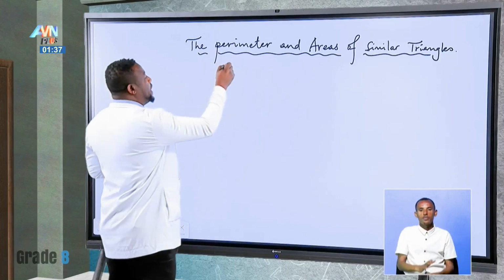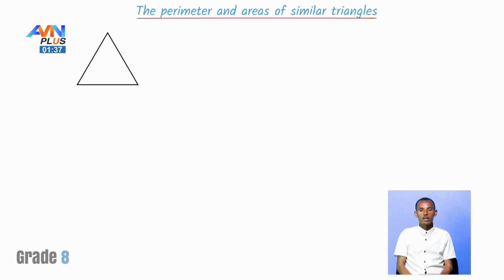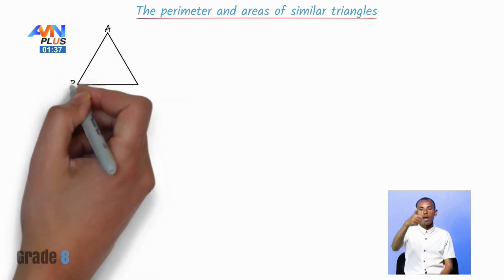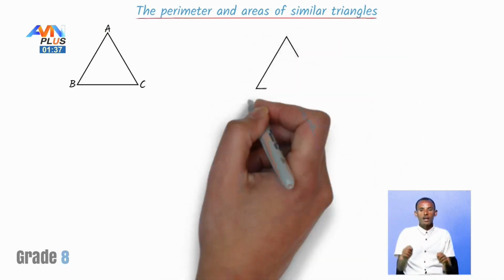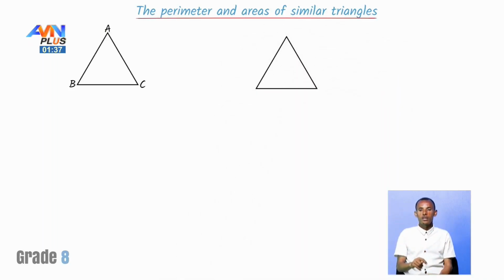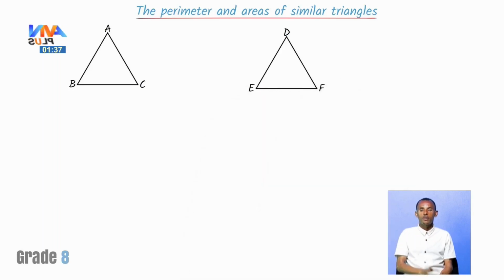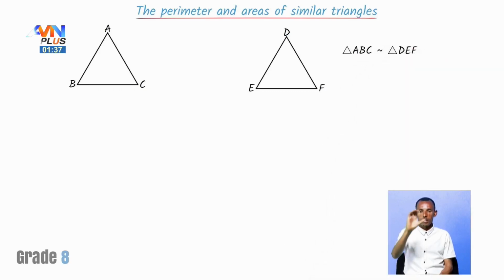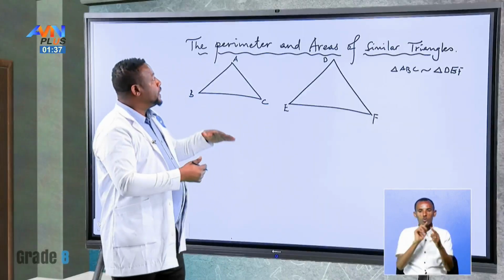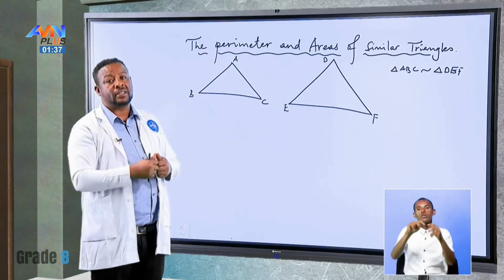So consider this triangle ABC and triangle DEF, and assume triangle ABC is similar to triangle DEF, because we are going to talk about the relationship between perimeters and areas of two triangles where those two triangles are similar.